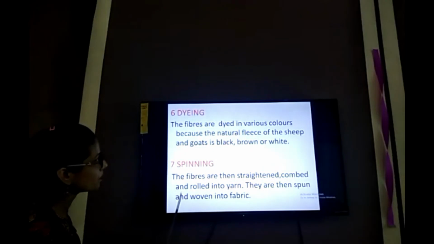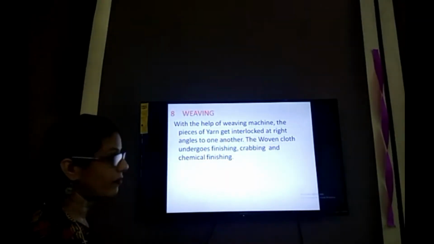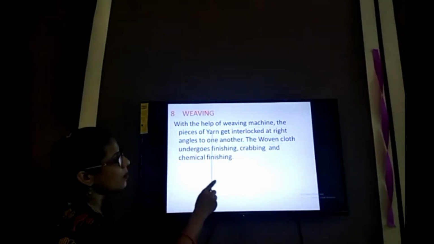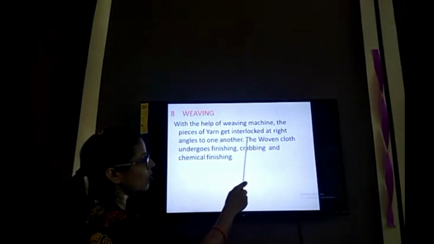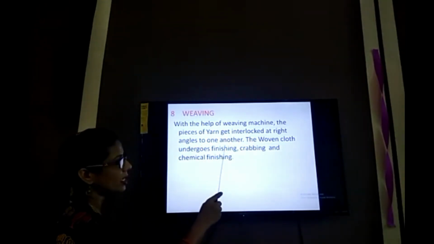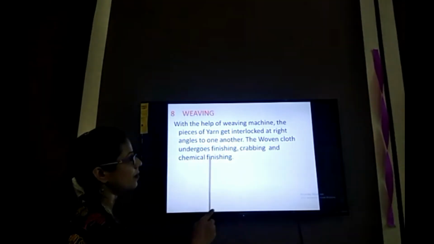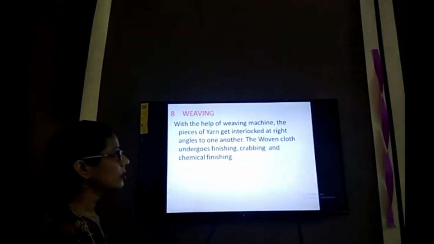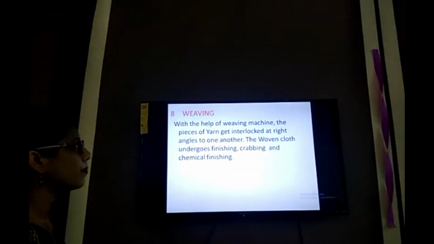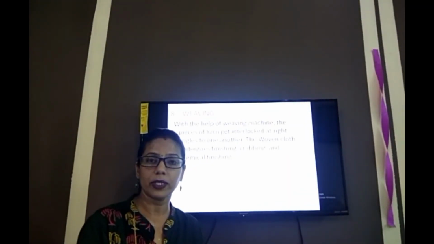The last step in this process is weaving. In this step, with the help of a weaving machine, the pieces of yarn get interlocked at right angles to one another.